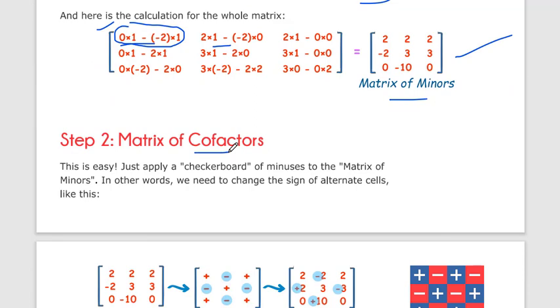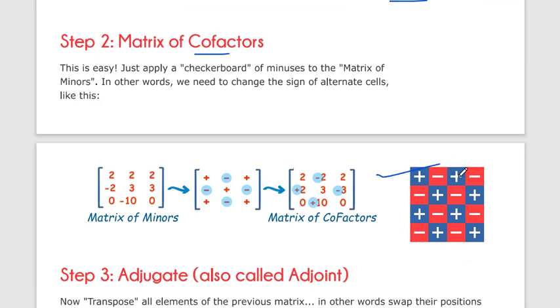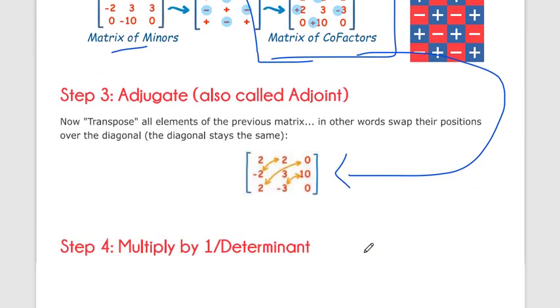Now the matrix of cofactors. In the cofactor we only change the sign. How do we change the sign? Like this: plus, minus, plus, minus. The first row, first column always has plus, then after that minus, minus, plus, plus, minus, minus. So we change the signs of the matrix of minors, and this becomes the matrix of cofactors. Now we transpose this cofactor matrix, and we get the adjoint of the matrix.